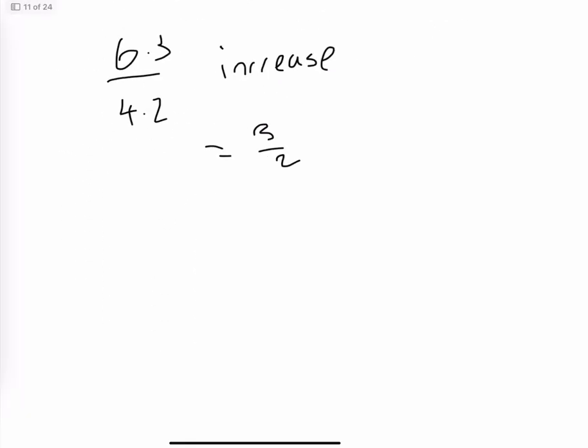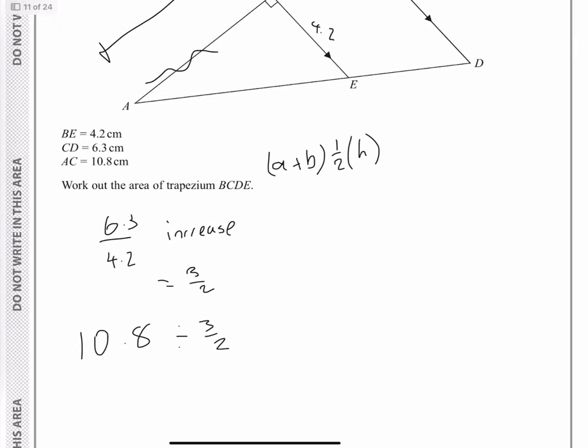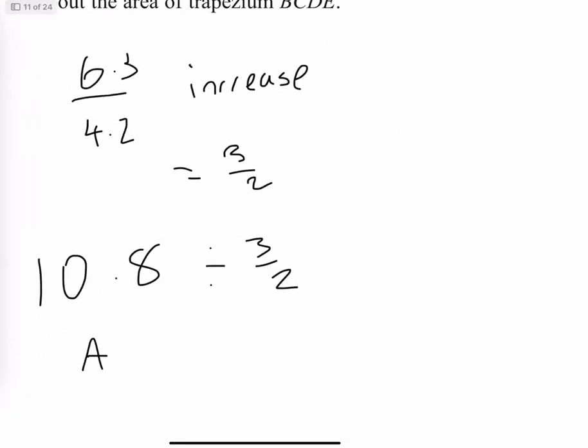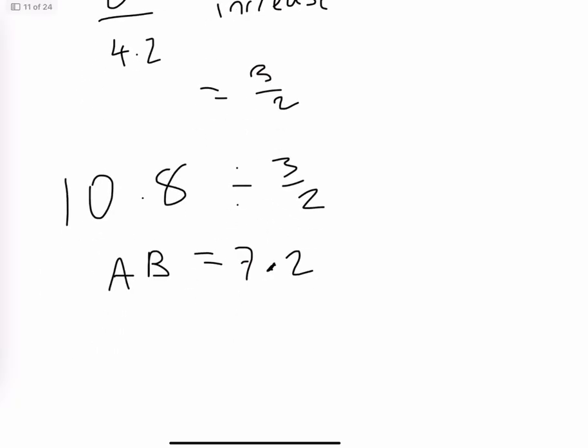So if we divide 10.8 by 3 over 2, we get what AB is, which gives us 7.2. Which means 10.8 minus 7.2 equals 3.6.